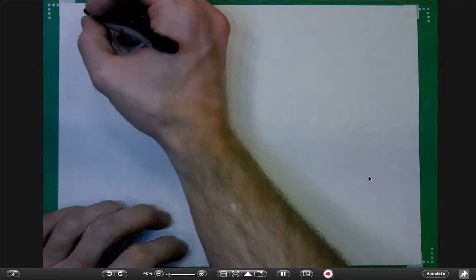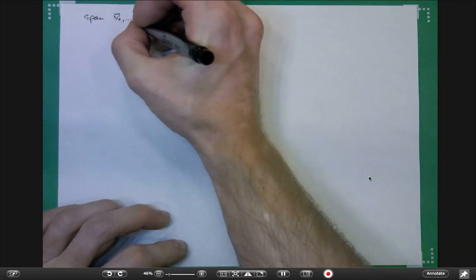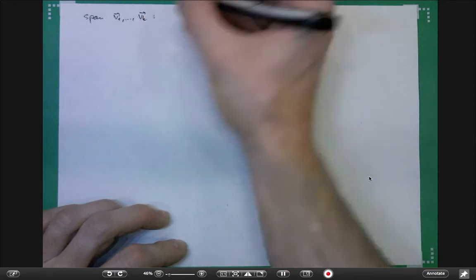Okay, so let's recap the things you should have learned the last time. So what is a span? If I have a set of vectors v1 to vk, what is their span?